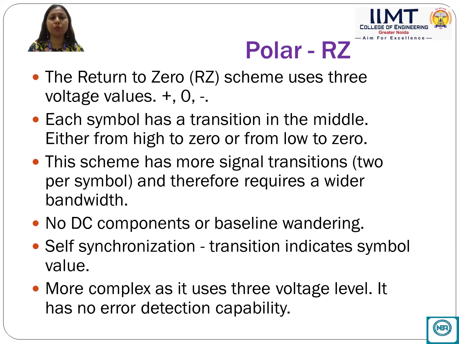This scheme has more signal transitions, a two-part symbol, and therefore requires a wider bandwidth. No DC components or baseline wandering in this technique. Then self-synchronization: the transition indicates symbol value. More complex as it uses three voltage levels, and it has no error detection capability.